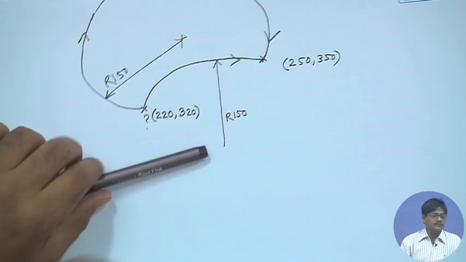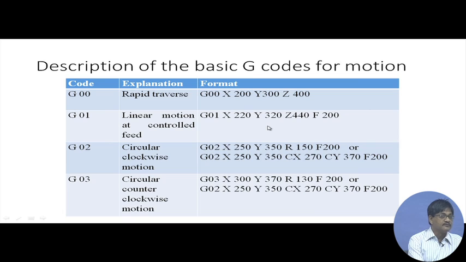In general, some machines permit that you can just add a minus sign in front of this numerical value just after radius. That means, if you write R minus 150, in some machines they will permit the cutting of the major arc. Otherwise, if you do not state anything, the default case, that is going to be the minor arc, the smaller arc.